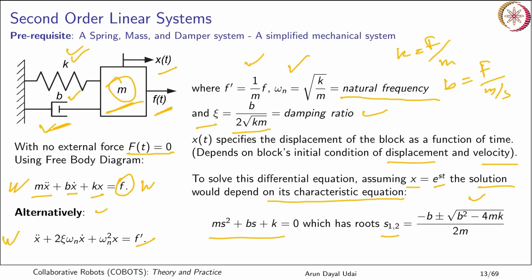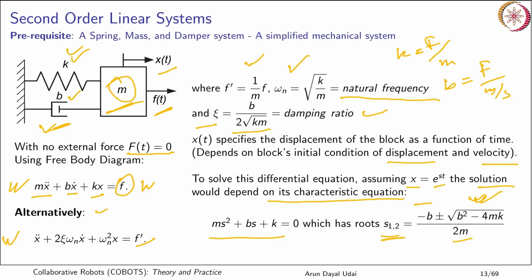The term under the square root can be positive, giving a real value. In case it is negative, it will have a complex value, so the roots become minus b plus minus a complex number, divided by 2m. These roots of the characteristic equation decide the behavior of this system.